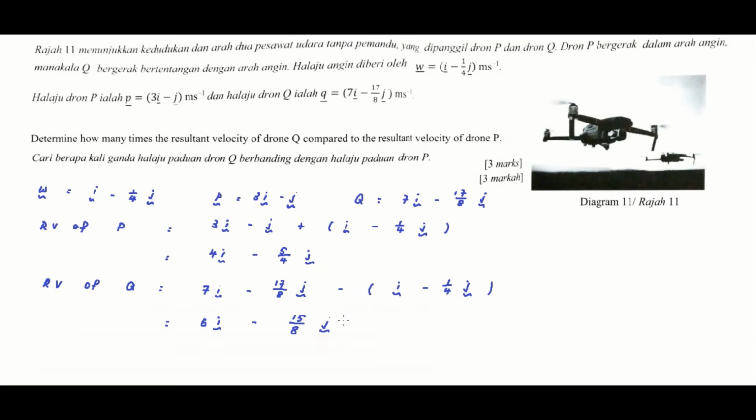After we get the answers, we can do the comparison. How many times is the resultant velocity of Q compared to the resultant velocity of P? We can put it in such a way that Q equals kP, where k is the scalar quantity telling us how many times.